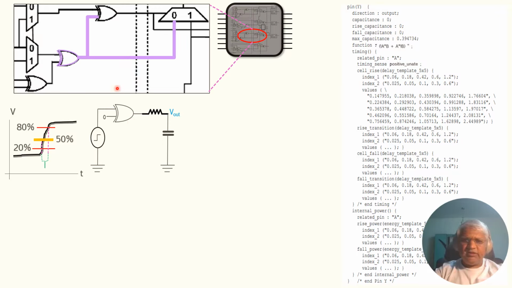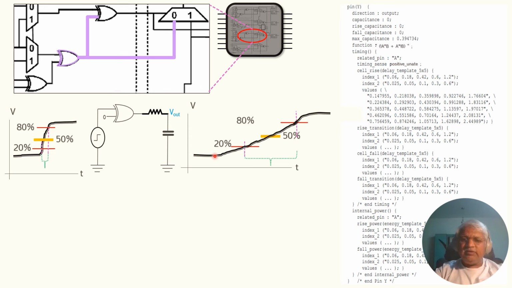If you see here, the net became very large, just shown in a different form. You will see that the R and C became large. However, this cell is the same. So the output transition time will be large.